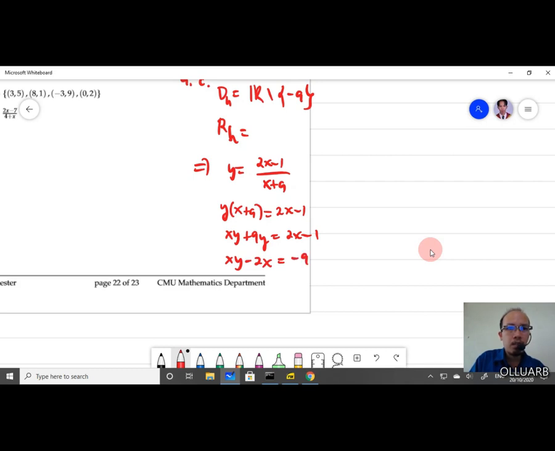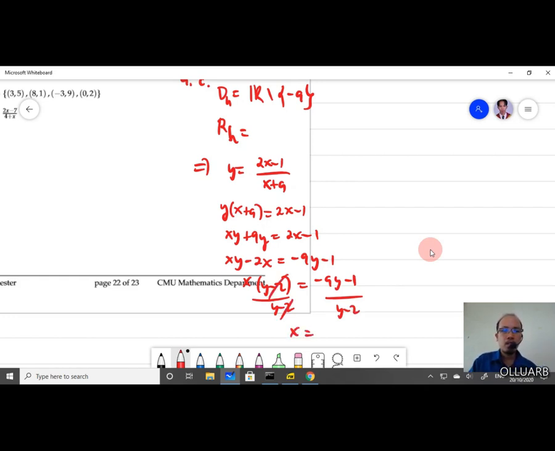So we have -9y minus 1, factor out x, x times (y minus 2)... we have -9y minus 1. So divide both sides by y minus 2.